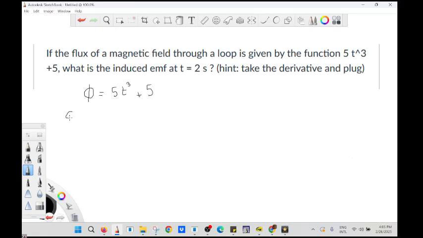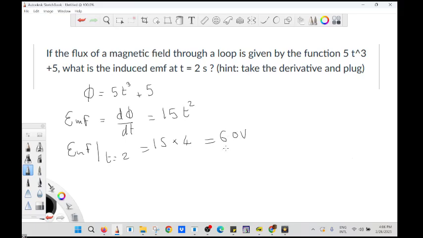Yes. So the EMF induced is by definition d phi over dt. And don't worry about the negative, so that will be the magnitude, which is 15 t squared. So the EMF at t equals 2 will be 15 times 4, which is 60 volts.